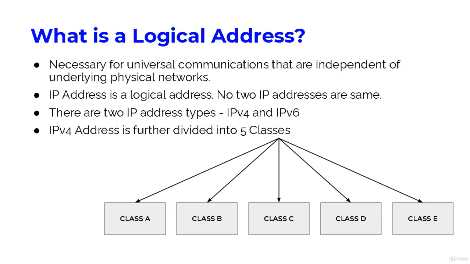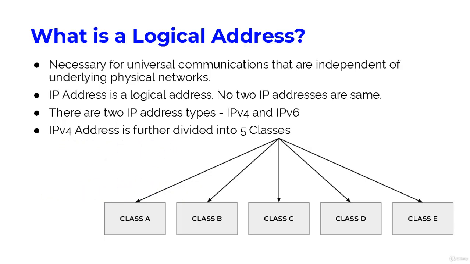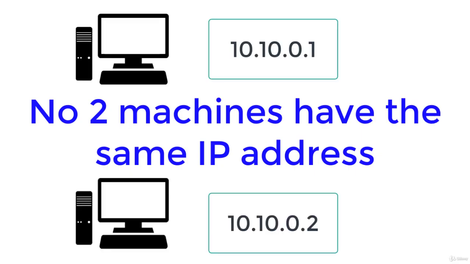A logical address in the internet is currently a 32-bit address that can uniquely define a host connected to the internet. Make sure that this sentence which I am going to tell right now is very important. No two publicly addressed and visible hosts on the internet can have same IP address. Is it possible that you and your friend lives in the same house?